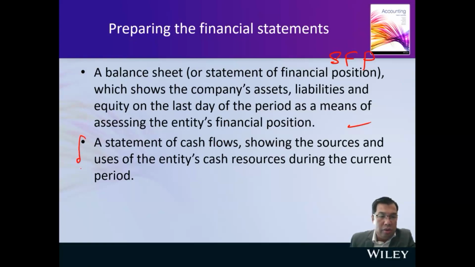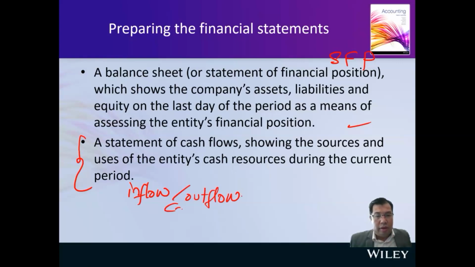This is a new document, new report, a statement of cash flow. You're going to use this to show the inflow, maybe the outflow of cash. We can categorize the cash into 3 activities. The first one is operating activity, the increase and decrease in cash from your operating activity, the normal business activity.